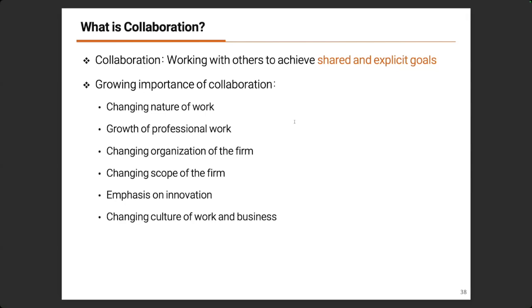For these reasons, collaboration has become a more important strategy of running a business.